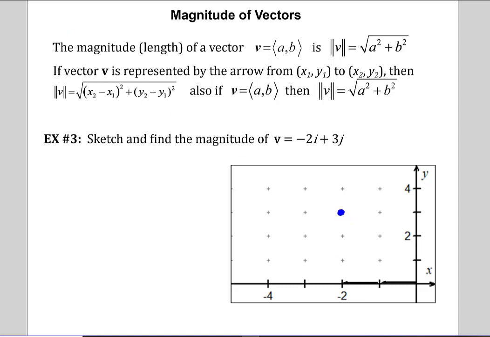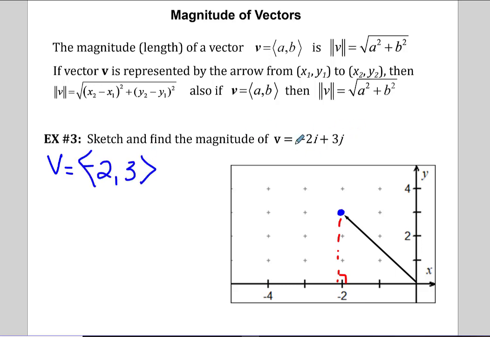So that's where the i and the j come from. So this is the end of our vector, and if we used our vector arrow tool and draw the terminal side, you can see that you have a right triangle here, if you just imagine dropping the perpendicular back to the x-axis. So our vector in component form is -2, 3.